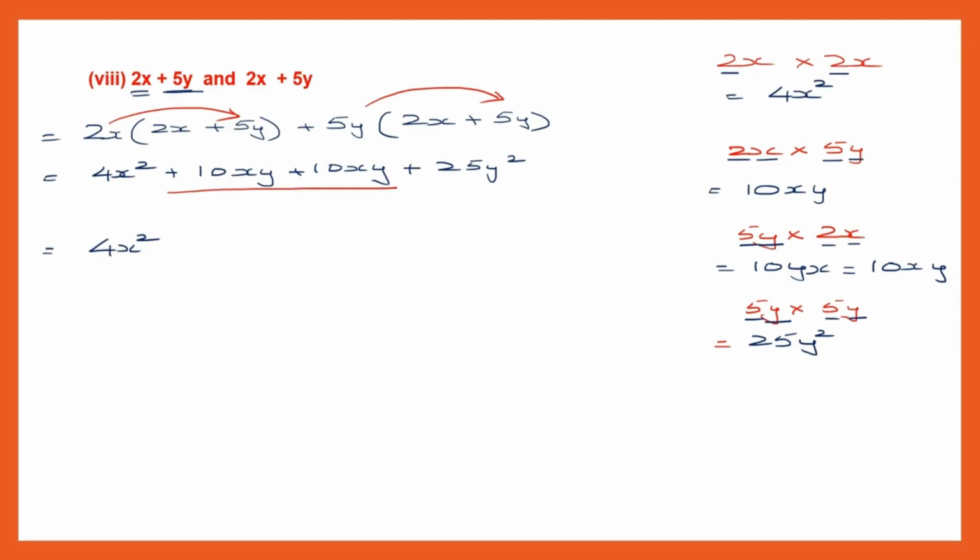Both are plus, 10 plus 10 is 20, so that is 20xy plus 25y². So the final answer: 4x² plus 20xy plus 25y².